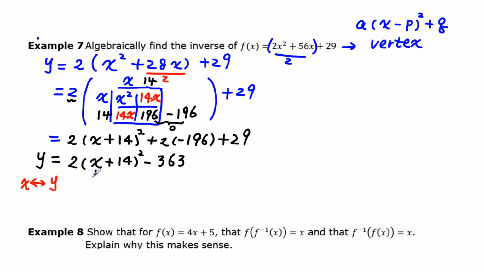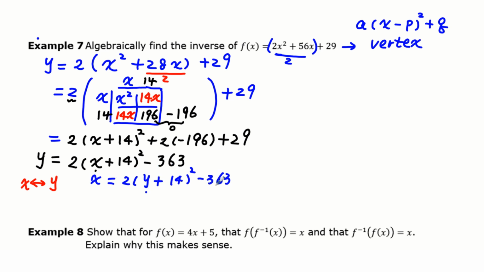Then you are going to have x equals 2(y + 14)² − 363. Then we want to solve for y. This is your inverse function's output, so we do the opposite operation.